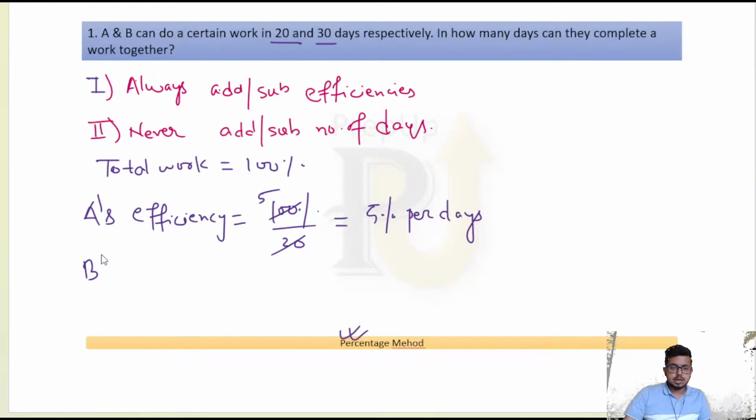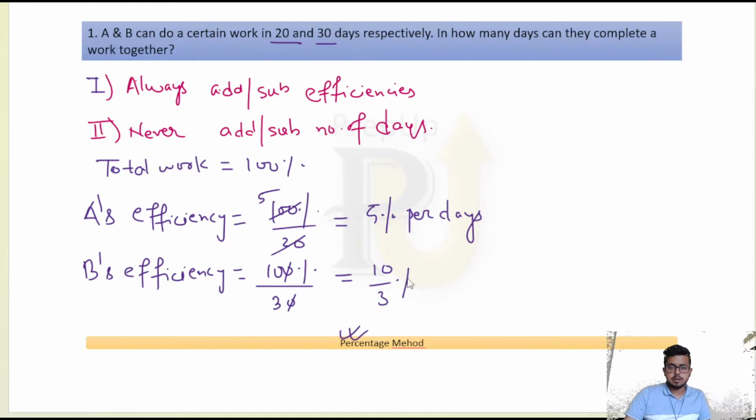Now how much would be B's efficiency? B's efficiency would be 100% upon 30, which cancels out to 10 upon 3% per day. Since we have to add these, we have 5% per day and 10 upon 3% per day. This is the amount of work they do together in one day.